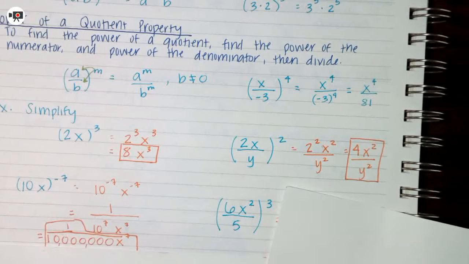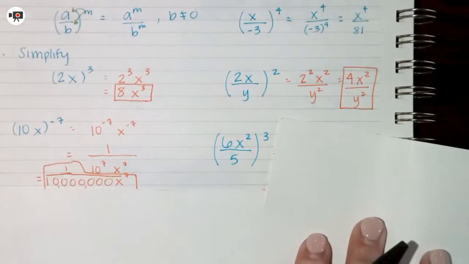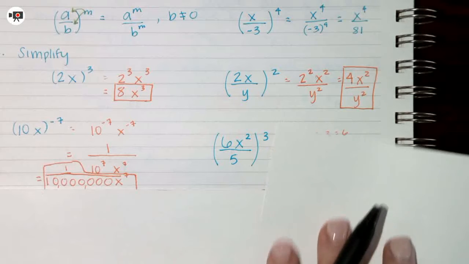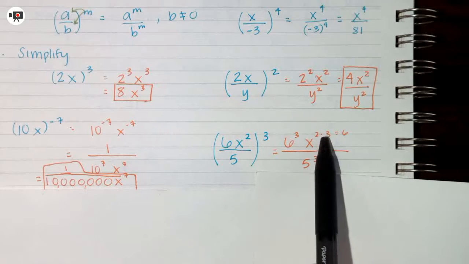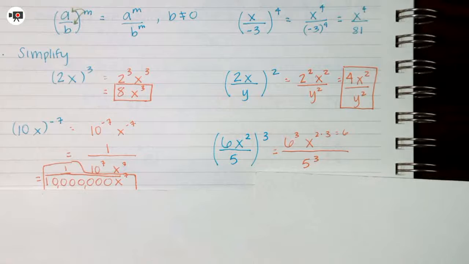Another one, this 3 is going to be distributed to each part inside. So I will have a power times a power here, and I will get 6 to the 3rd times x to the 2 times 3, so this power is going to be 6, over 5 to the 3rd.